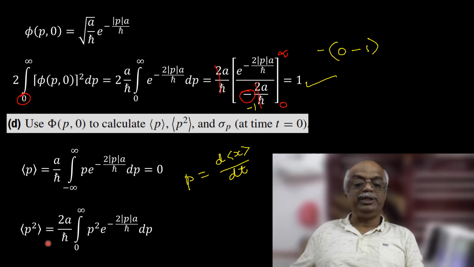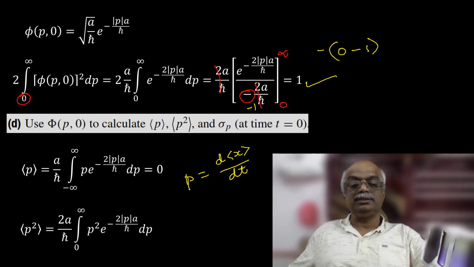Then what about p squared? For p squared, you change the limit from minus infinity to plus infinity as 0 to infinity, and a multiplication factor 2 comes here. And p is replaced by p squared because we are going to calculate the expectation value of p squared. So this is p squared e power minus 2 modulus p a over h cross, dp. Now we will solve this integration.